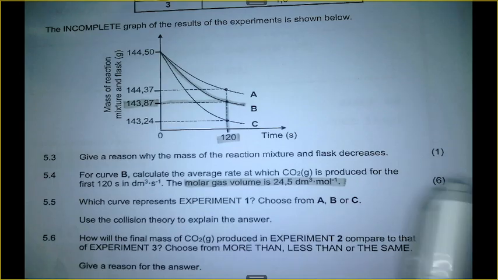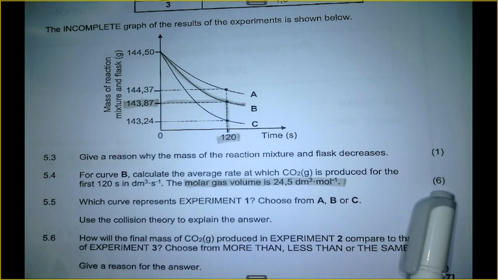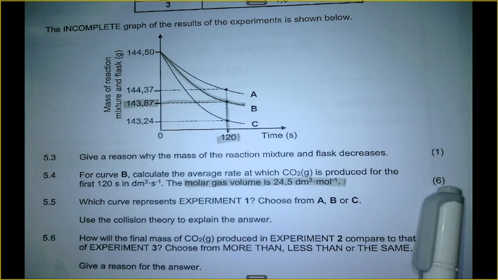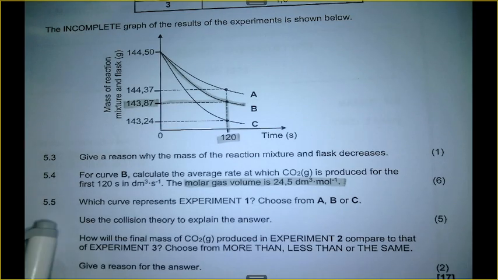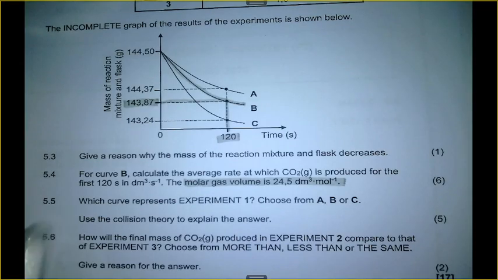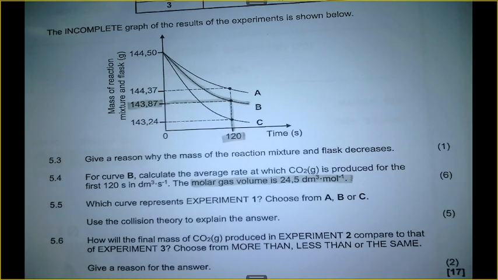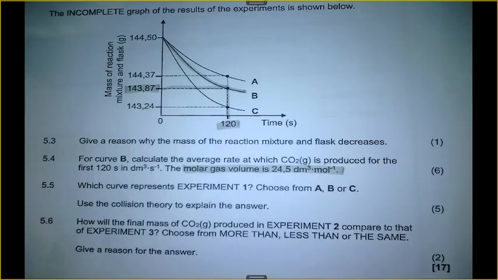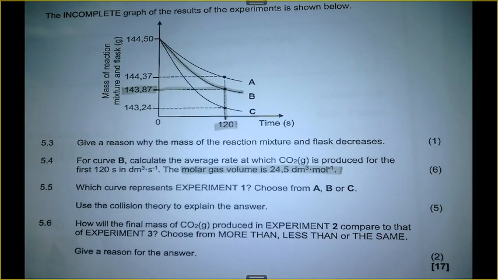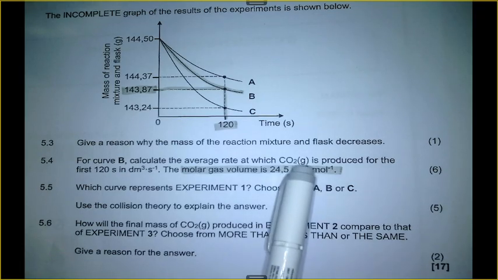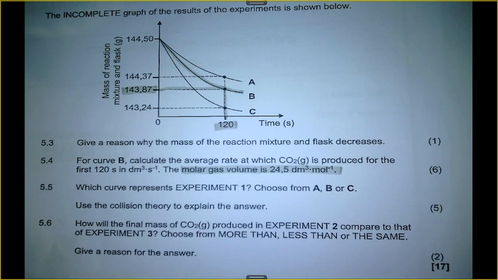Okay? If your stoich is not strong, you're going to skip 5.4 in a test or an exam, but you are still going to be able to do 5.5 and 5.6. Okay? Do not skip the next questions just because the one above it is slightly harder. Alright. So, average rate at which carbon dioxide is produced.